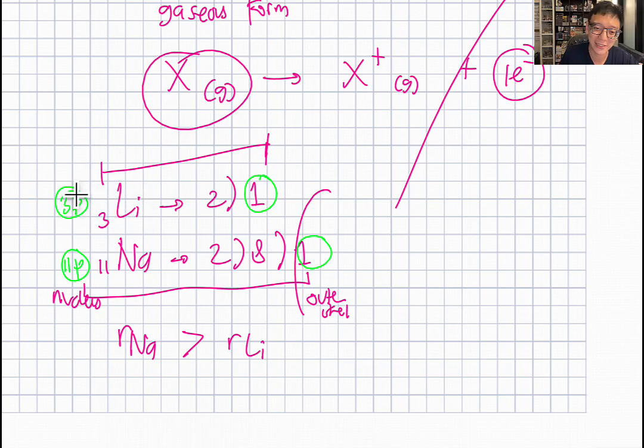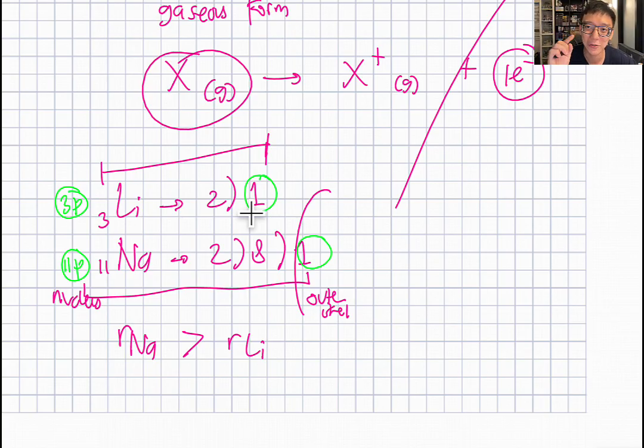So imagine that this is like the police station, and because the nucleus of lithium is located close to the police station, this electron is still very close to the police station, so it's very difficult for a thief to come and steal this electron. For sodium, because the police station is further compared to lithium, it's a bit easier for us to steal one electron from sodium compared to stealing one electron from lithium.